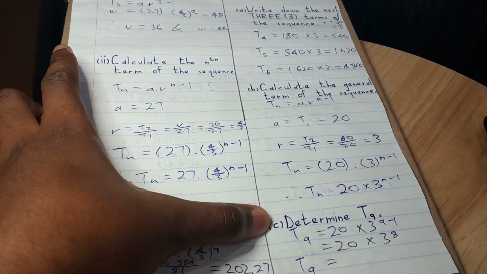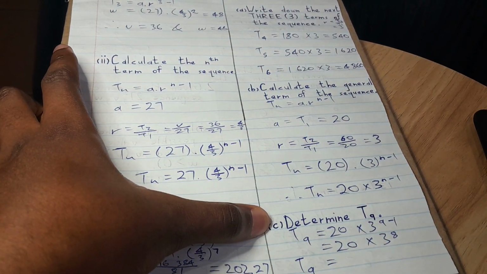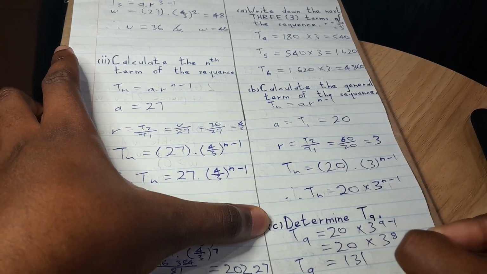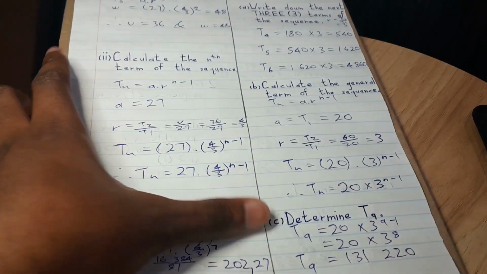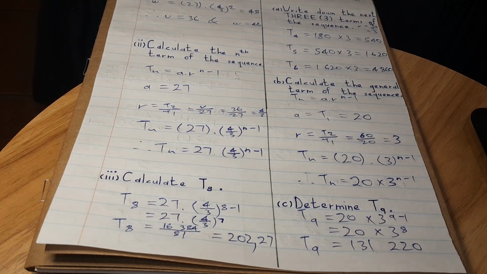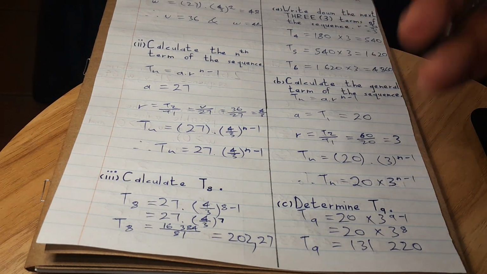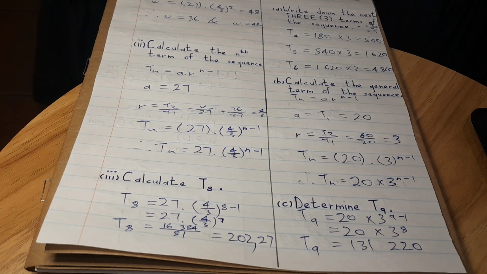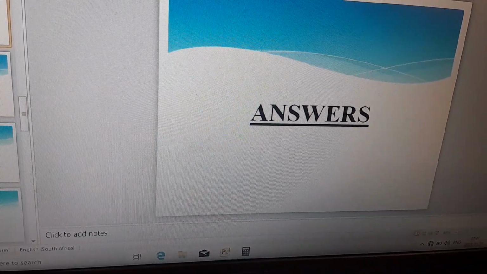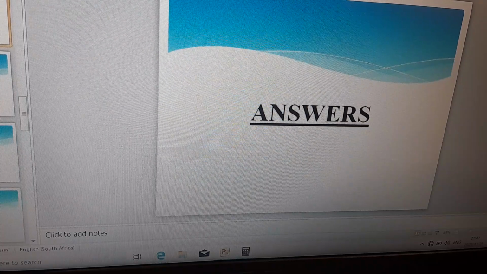So T9 is 131,220. Okay. So the memo is as follows, if you don't see clearly what I've written there. Here are the answers in case you didn't see my handwriting.